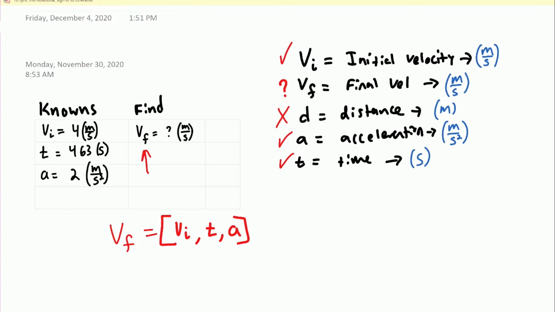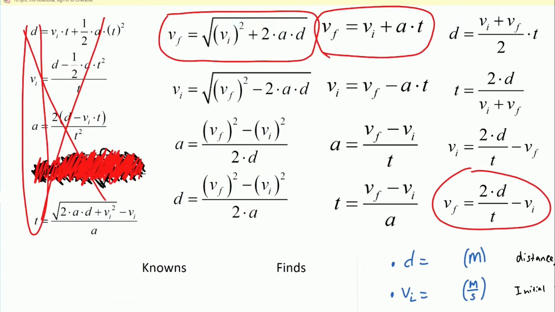If I have an equation that has d, like I mentioned before, we can't solve it because we don't know anything about d. So to make this whole thing easier, go back and look at these equations, and any equation that has d, I can immediately cancel out. Look at this first one, I've got d right there. So this one's gone. Can't use that one.